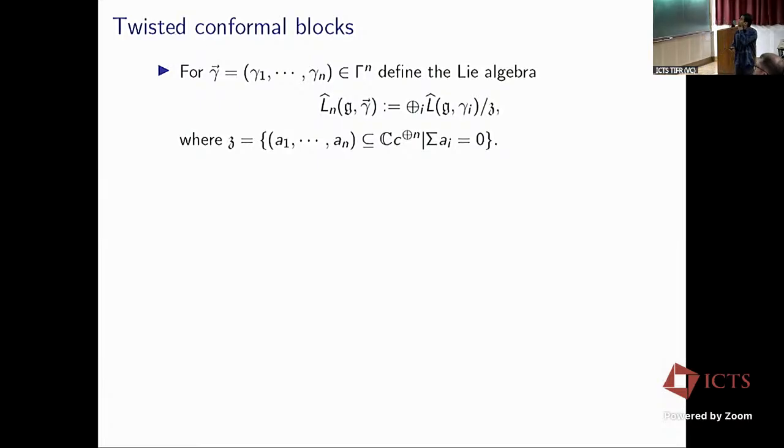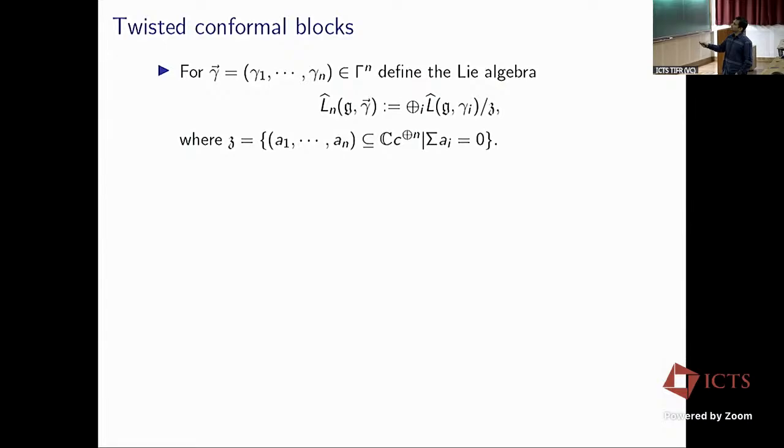So now remember that suppose you have some gamma 1 up to gamma n, n elements of the group, and then we have these twisted affine Lie algebras. We take their direct sum, and we go modulo this central subalgebra, because everything has a central component.